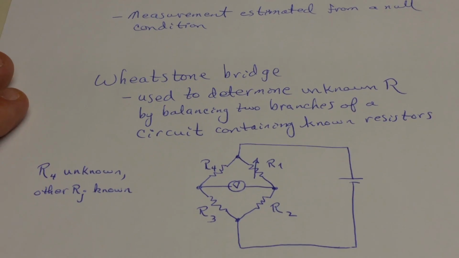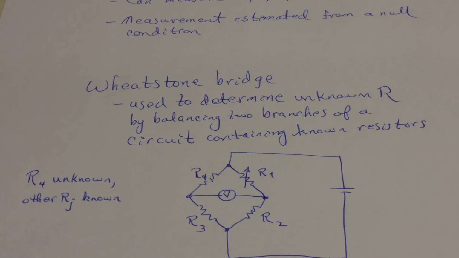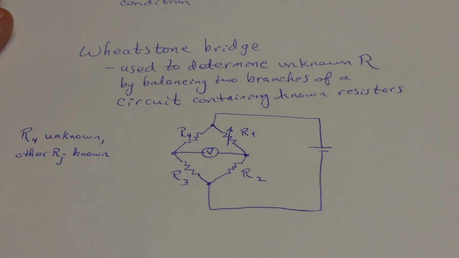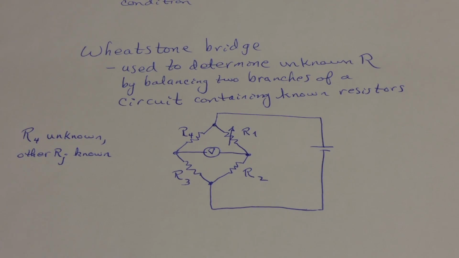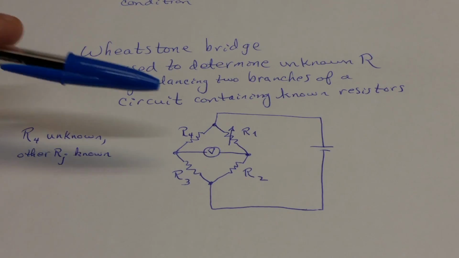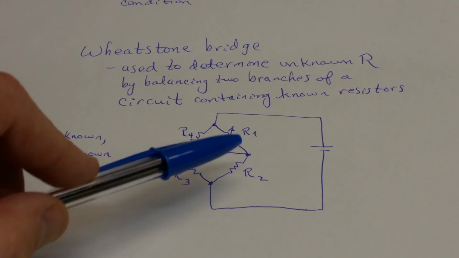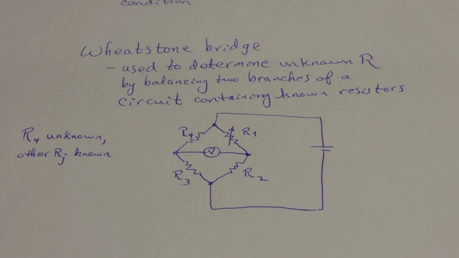Many people are familiar with the Wheatstone bridge, and so that's what we'll begin discussing here. The Wheatstone bridge is a way of making a measurement of an unknown resistor, in this case R4, based on a knowledge of three other resistive elements, R1, R2, and R3.